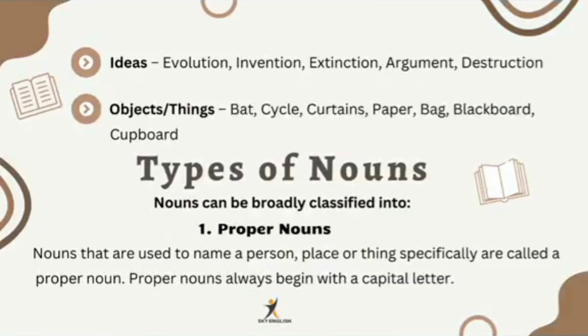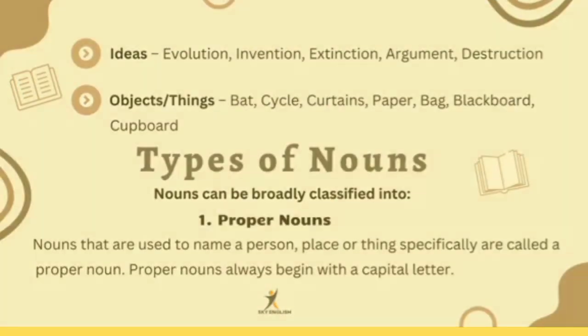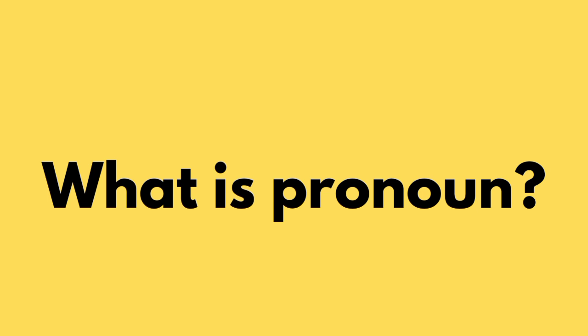Ideas: evolution, invention, extinction, argument, destruction are also included in nouns. Objects and things: bed, cycle, curtains, etc. What is a pronoun?